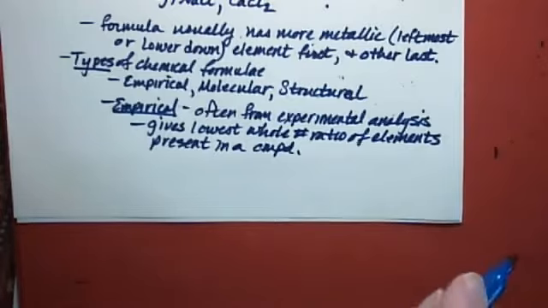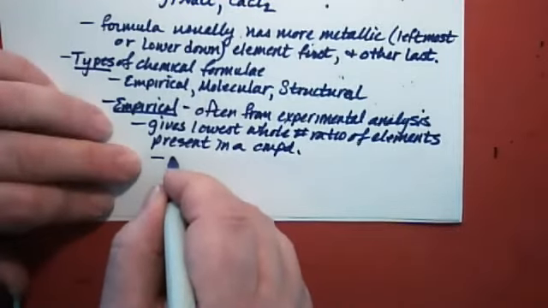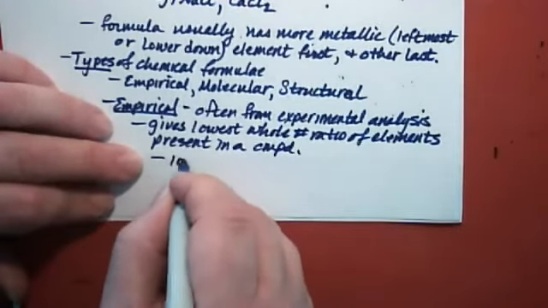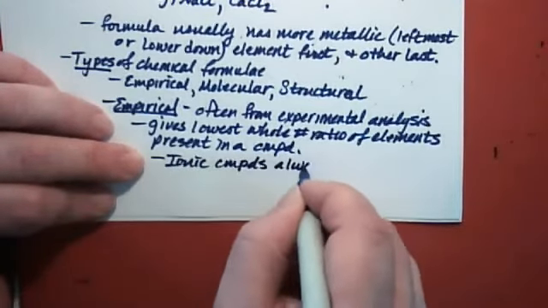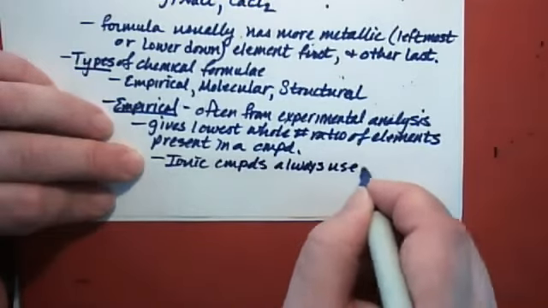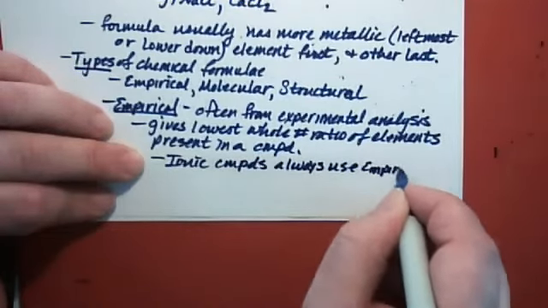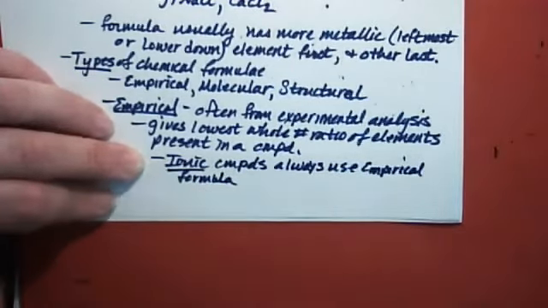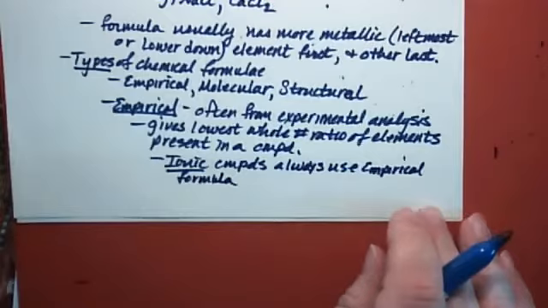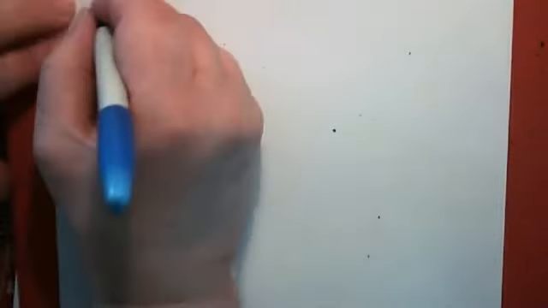So it turns out ionic compounds are always given as the empirical formula. Molecular compounds, on the other hand, don't always use the empirical formula, but they do sometimes.